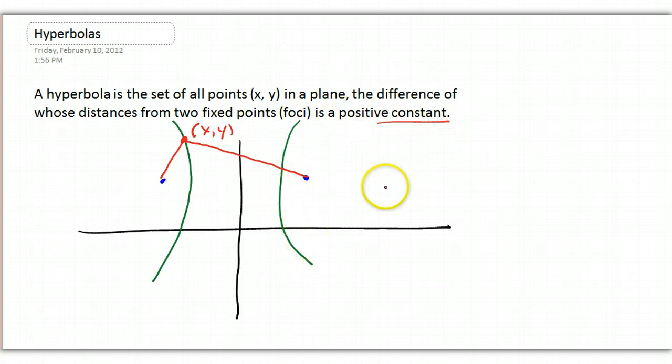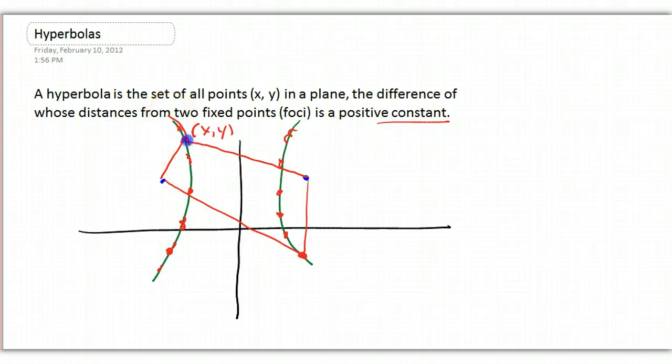And it doesn't matter where I am on the hyperbola. So if I pick another random point down here and I take that distance minus that, I'm going to get exactly the same constant. And so if I collect all these points together, they form what's called a hyperbola.